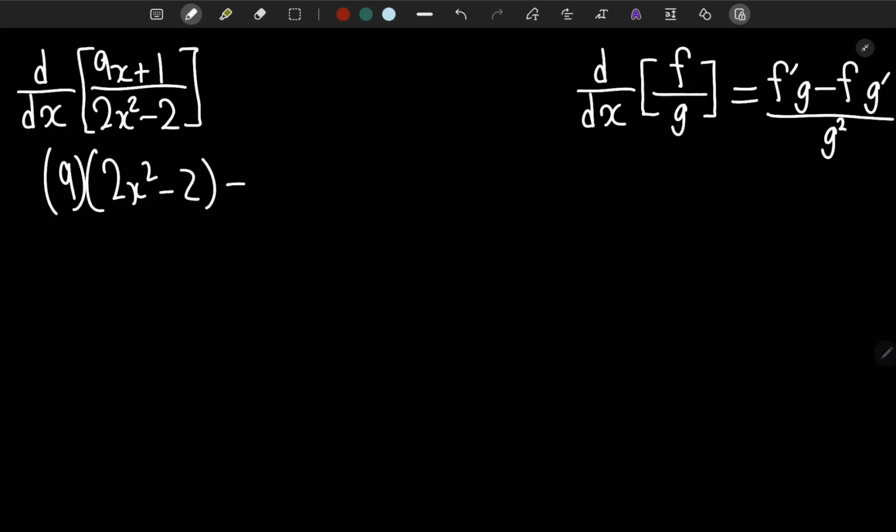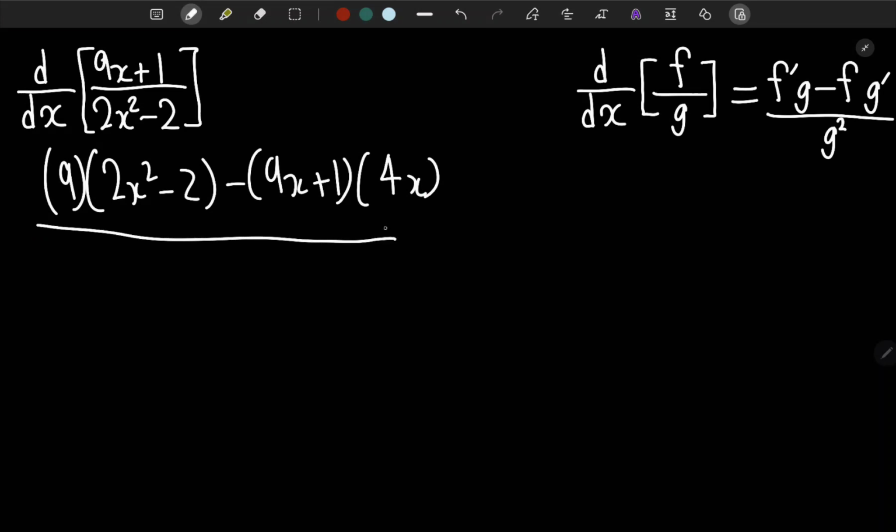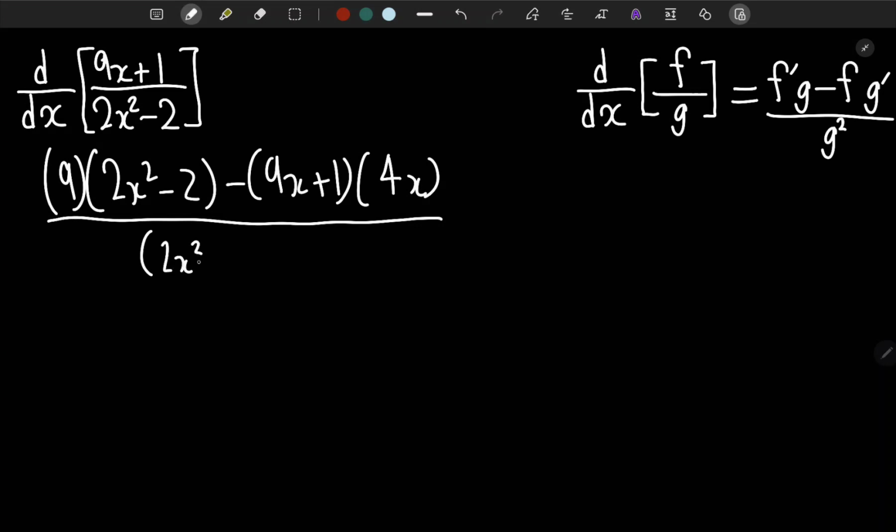So minus f g prime now, so f is going to stay the same, 9x plus 1, times g prime, which is 4x, and this is entirely going to be over g squared, so 2x squared minus 2 squared.